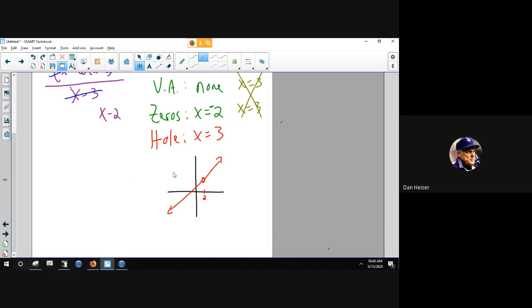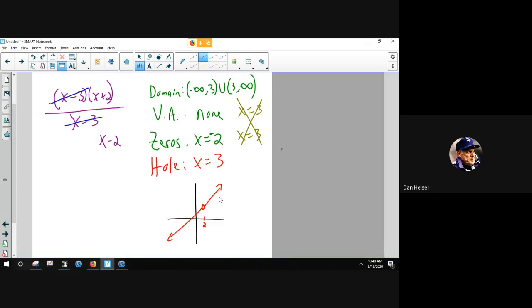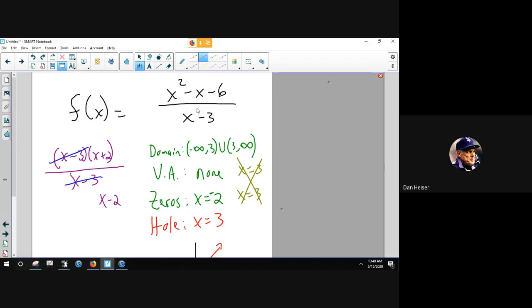Now, let me see if I can help you understand why the hole is there a little better. I'm going to go back to the original function, and I'm going to plug 3 in for x. 3 squared is 9, minus 3 is 6, minus 6 is 0.